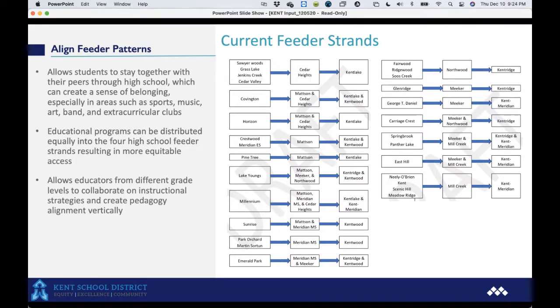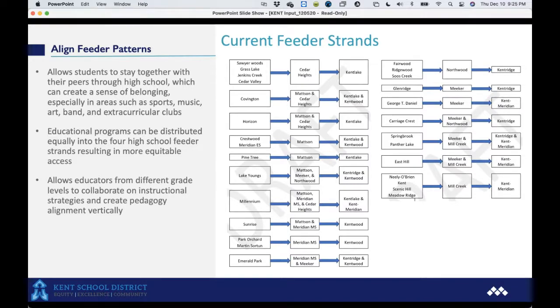And then that graphic to the right shows the current feeder strands. And as you can see, if you look at the top boxes there, there are 4 schools, and they feed wholly into a middle school. So you've got Sawyer Woods, Grass Lake, Jenkins Creek, and Cedar Valley, for example, feeding entirely into Cedar Heights, which feeds entirely into Kentlake.